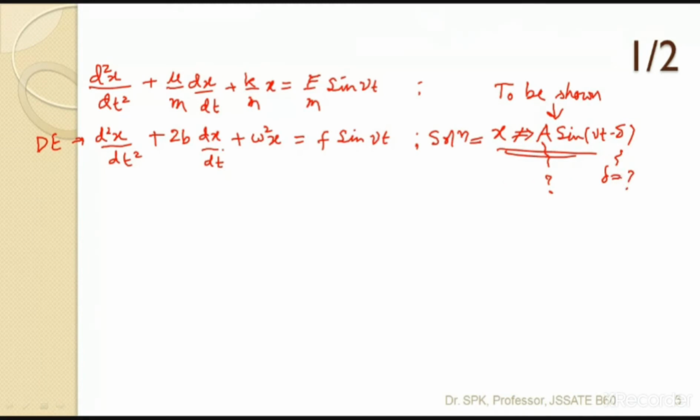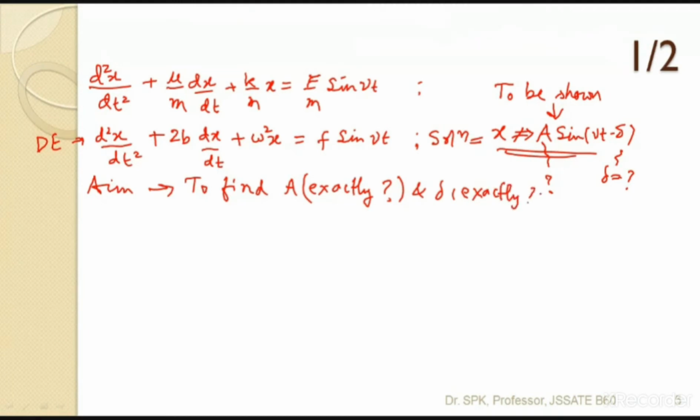So right now we'll try to get the amplitude. We don't know the amplitude of the forced oscillation. Our aim is to find what exactly a is and what exactly delta is. We'll get this using the differential equation.